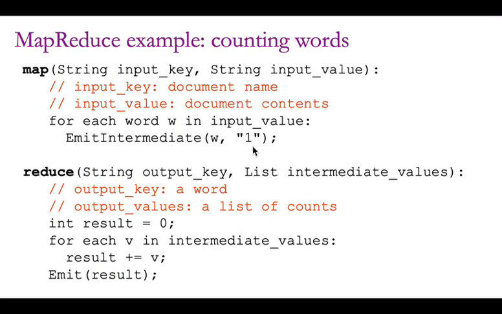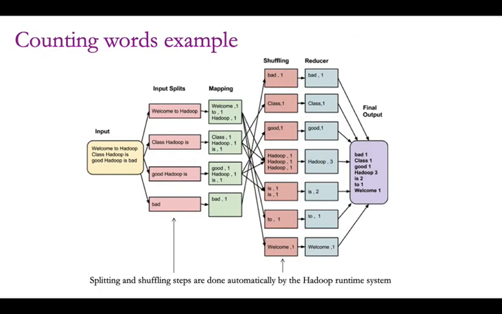So it'll be a list of ones, and it basically adds up all of the intermediate values it sees for that word, which will be a bunch of ones and other outputs from reduce. So it'll sum them up and print it out, and that gives you a total of the number of words. So this diagram kind of shows how that works.